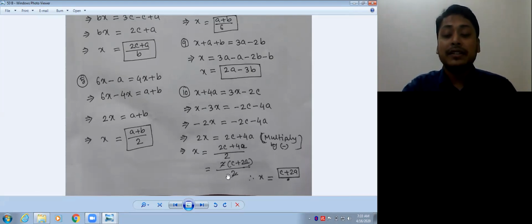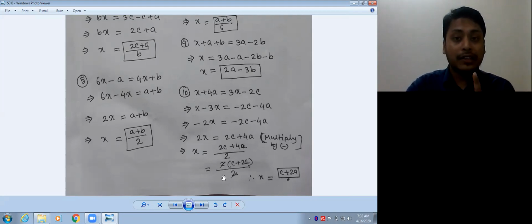What I did here: to cut the down one, you have to take the common from the upper one. Common means divide by that number. All the time you have to remember that common means divide by that number. So we took common 2 here. 2 ones are 2 and 2 twos are 4.